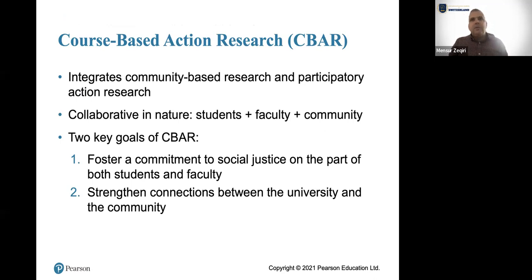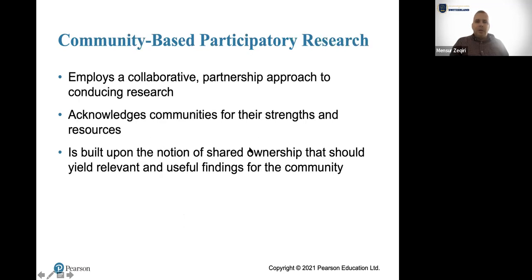So as you can see here, the course-based action research has two main goals. First of all, it is used to foster a commitment to social justice on the parts of both the student and faculty, as well as to strengthen the connection between the university and the community in these cases.